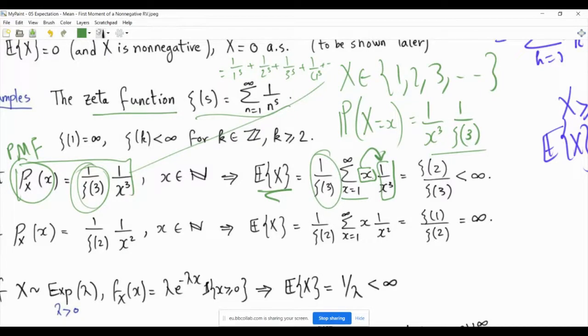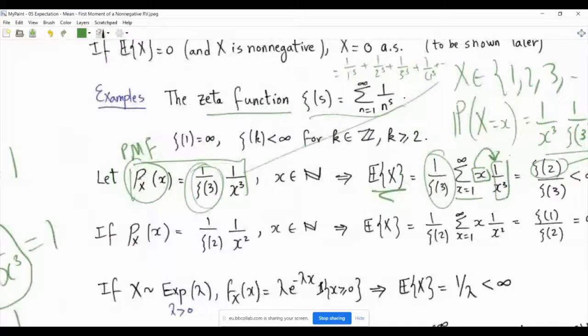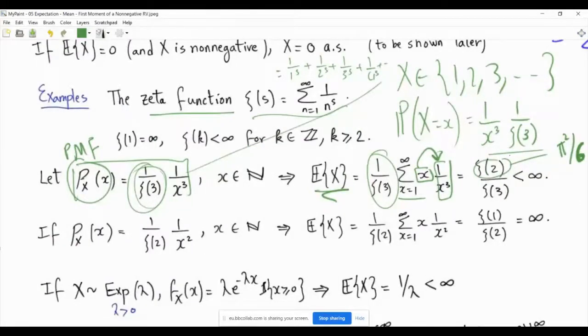X multiplied by 1 over x cubed is 1 over x squared. And if the power now becomes 2, we are talking about zeta of 2, a famous number, which is pi squared over 6. Zeta 2 is finite, zeta 3 is also finite, and so the ratio is a finite number. So this is a discrete random variable with a finite, strictly positive first moment, or mean, or expectation.